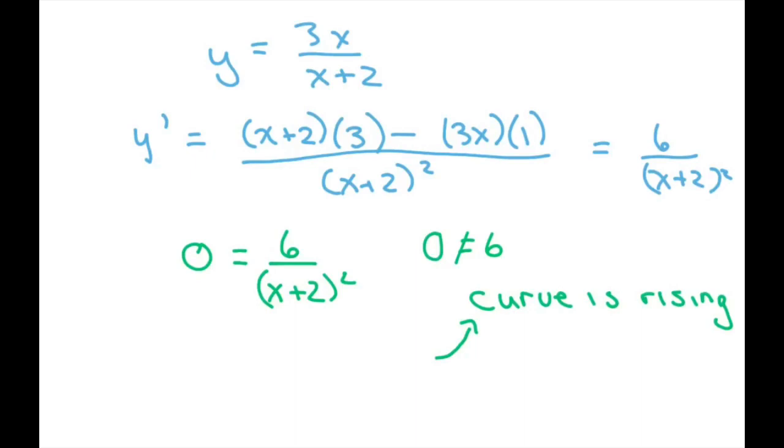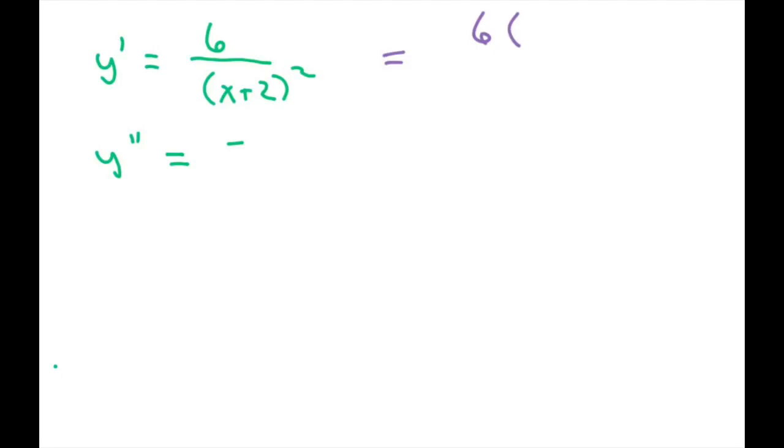All right. Now we have to do the second derivative. We had y prime was 6 divided by x plus 2 squared. I can write this as 6 times x plus 2 to the negative 2.